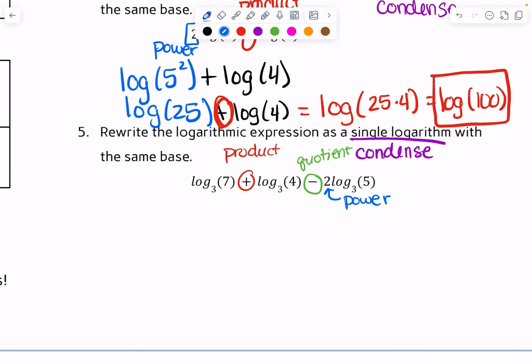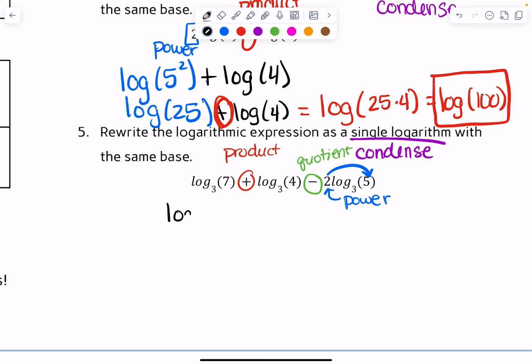So let's think about what makes sense in terms of the order. As we're looking at this, it makes sense to me to move that 2 back inside first, because it's only on a single logarithm. So I'm going to do that first. We're going to take the 2, use my power property to move that back inside.